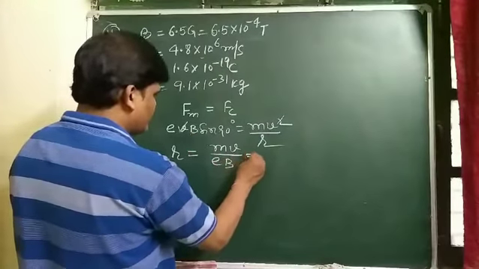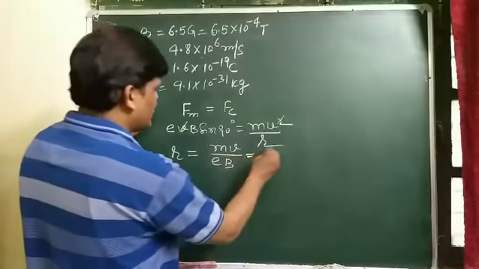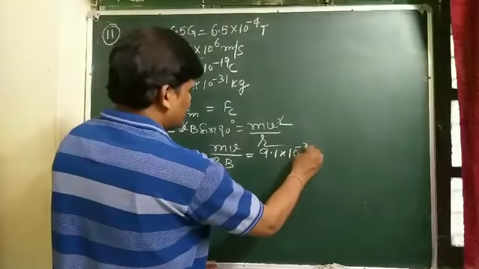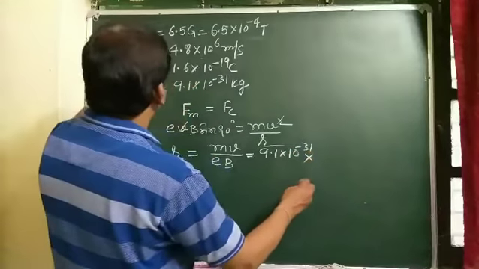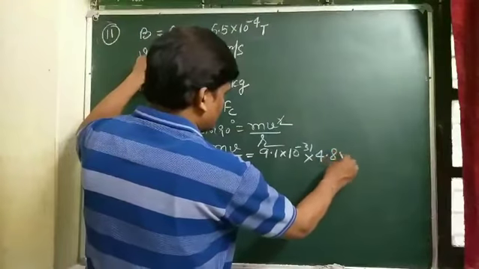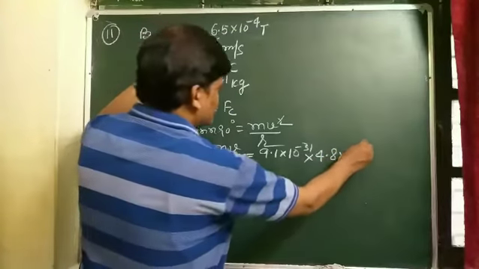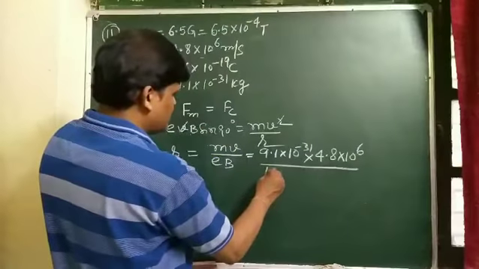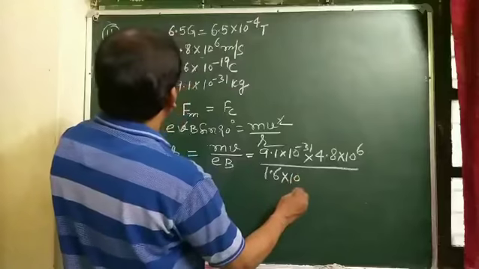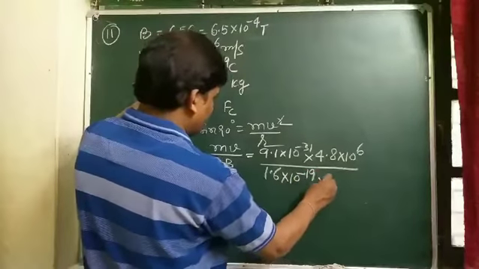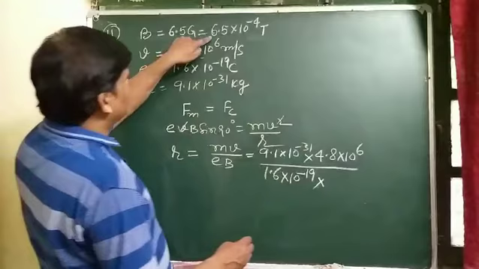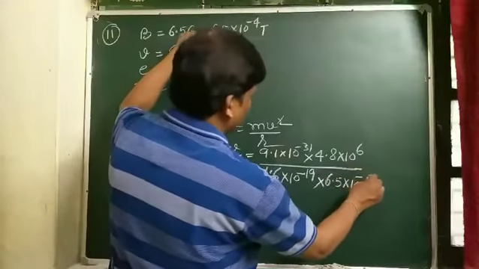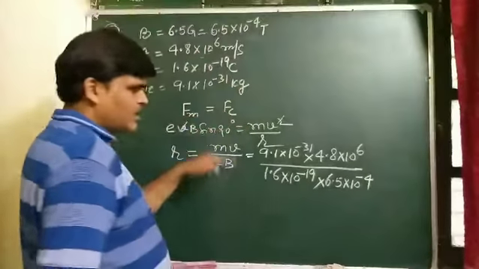Student, putting in the values: m is 9.1 × 10^-31, velocity of the electron is 4.8 × 10^6, the charge on the electron is 1.6 × 10^-19, and the magnetic field is 6.5 × 10^-4.